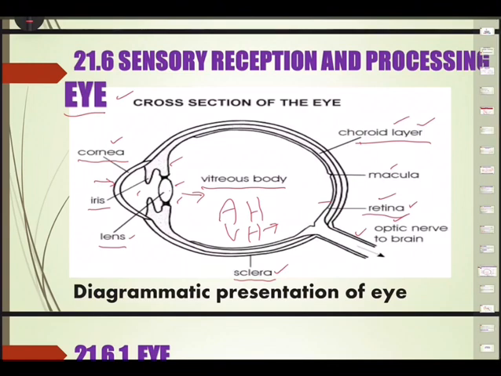The stimulated photoreceptors initiate the nerve impulses, which are transmitted by the optic nerve to the visual cortex. So there is a visual cortex area of the brain where the neural impulses are analyzed and the image formed on the retina is recognized. So this is the mechanism of vision.